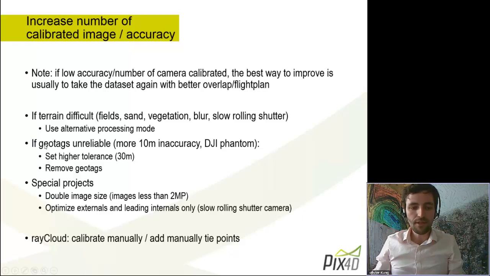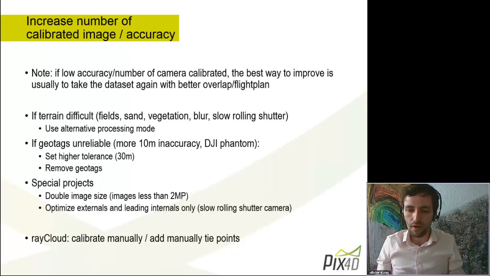Some other thing which may happen is that you may have a low number of calibrated images because the geotags were way too unreliable. Let's say an RTK GPS will produce 2 centimeter precision. A consumer grade GPS, such as the one you may have on a phone, will be, let's say, 5 meters inaccurate.